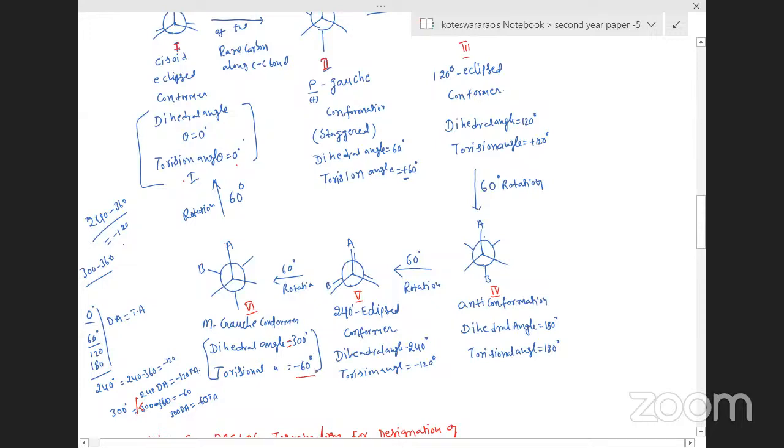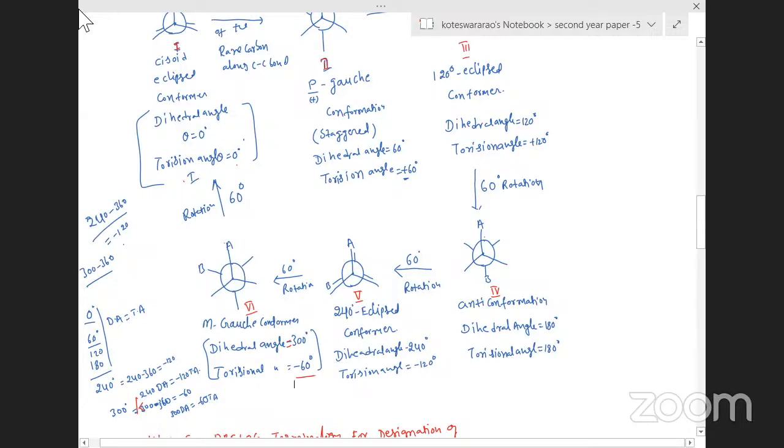Dihedral angle is directionless. Therefore, whenever we consider rotation for the dihedral angle, you need to consider only clockwise rotation. Whatever dihedral values are obtained in clockwise rotation, the same conformation gives the same value.